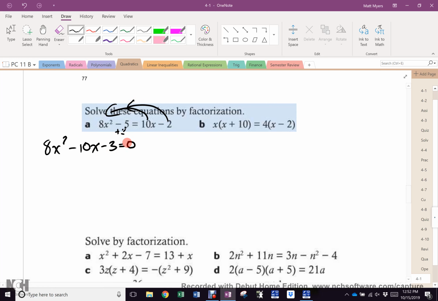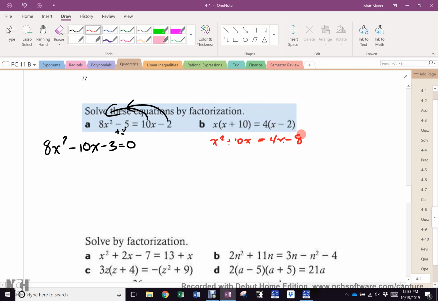We'd factor, right? I'm trying to save time, trying to get you guys to be able to get to it. What do I got to do here? What's wrong with B? I got to distribute because I got to make it equal 0, right? If it's going to work, it's got to equal 0. So x squared plus 10x equals 4x minus 8.